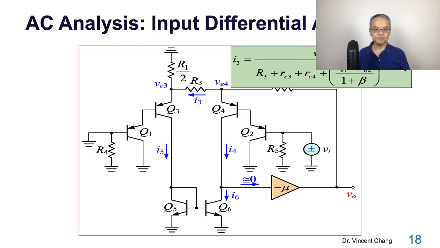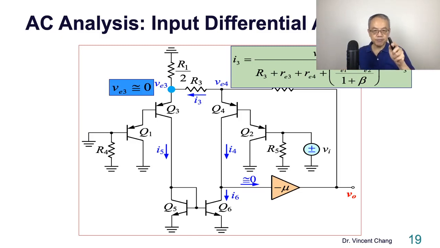So what's next? Because we neglect the 4 items, which means what? We neglect the voltage dropped across these 4 small emitter resistances, right? So then the first blue node should be approximately equal to AC ground.